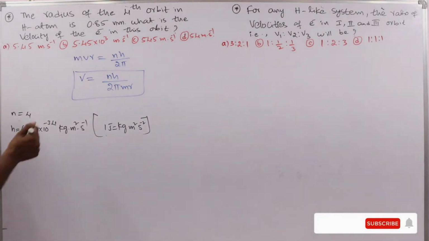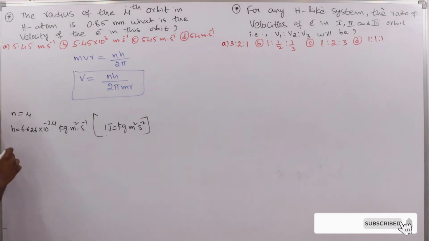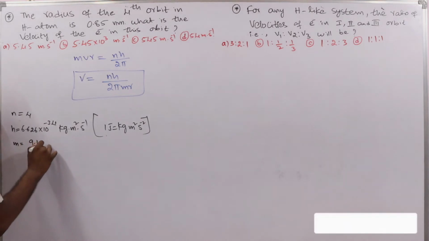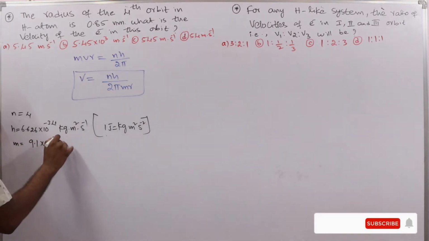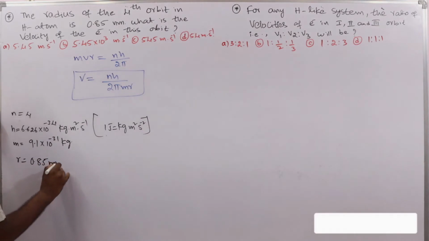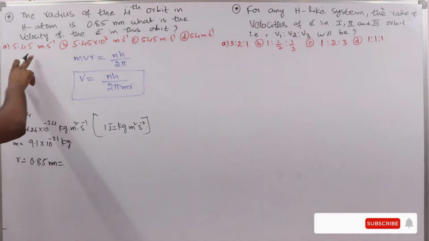And 2 is a constant, pi we know, and m is the mass of the electron, that is equal to 9.1 into 10 power minus 31 kilogram, and radius r is given as 0.85 nanometer. But look at the options here.